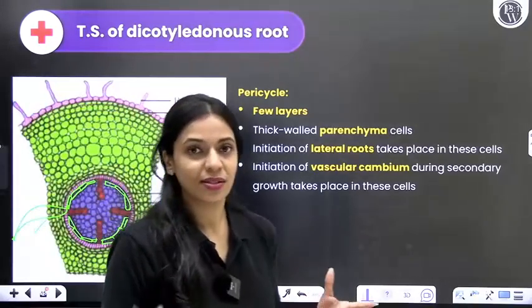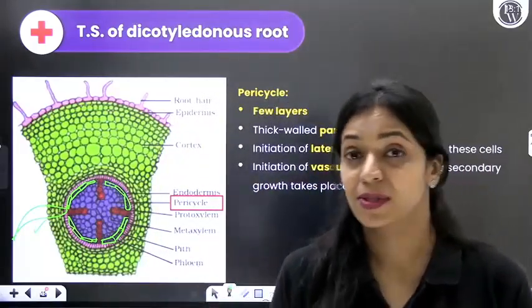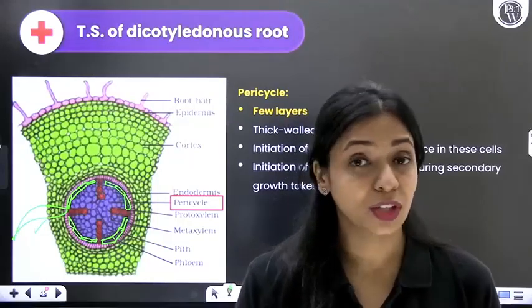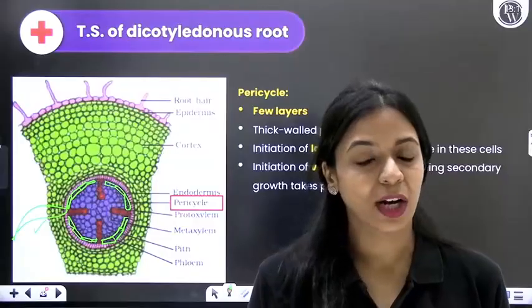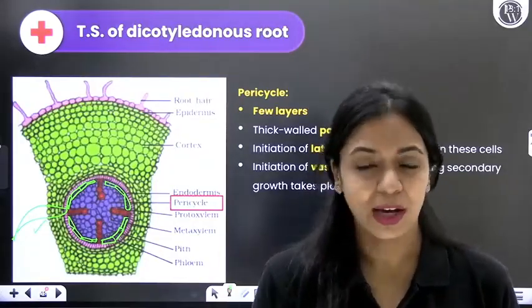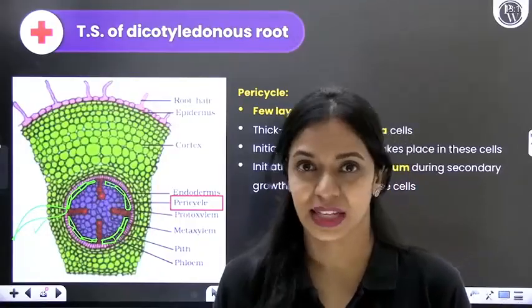And in dicots, there is increase in girth of the stem because of secondary growth. Same secondary growth will happen even in roots as well. But the roots don't already have cambium. Cambium has to be formed. Similar to how interfascicular cambium formed from parenchyma, over here, interfascicular cambium partly will form from pericycle.